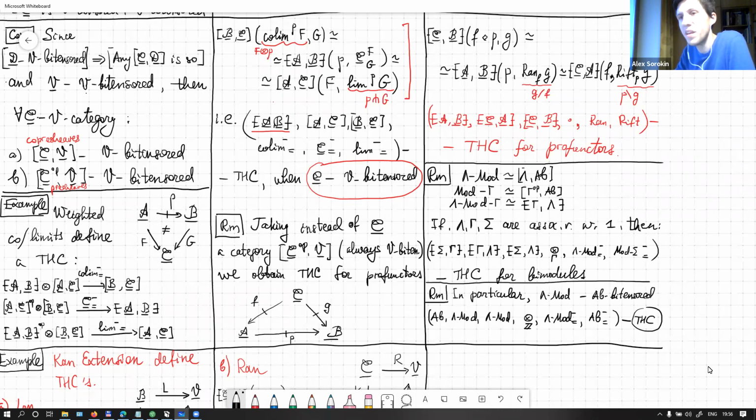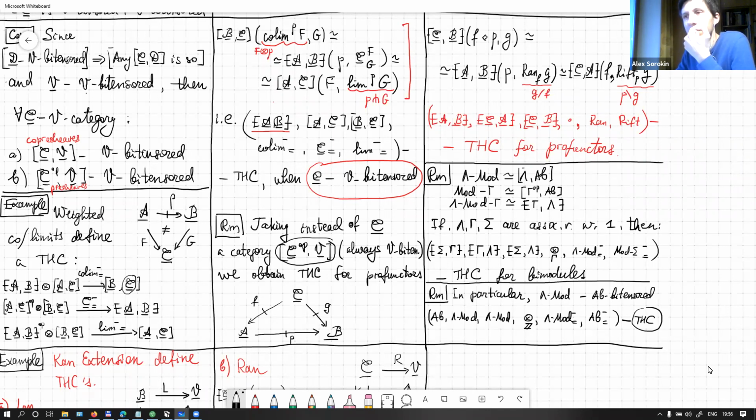Right now, if I go back to this, and I substitute here category C by the category of presheaves, and why can I do this? Since I am requiring category C to be bitensor, I can substitute C by any well-known to me bitensor category.